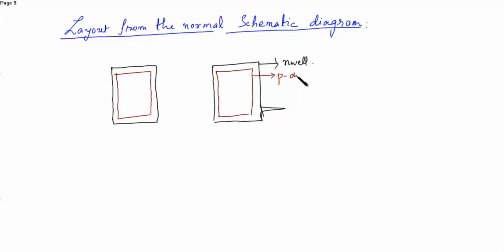We write the P diffusion layer as pdiff in the commands in Magic. Then of the same area we need the N diffusion layer. So the NMOS are in series.